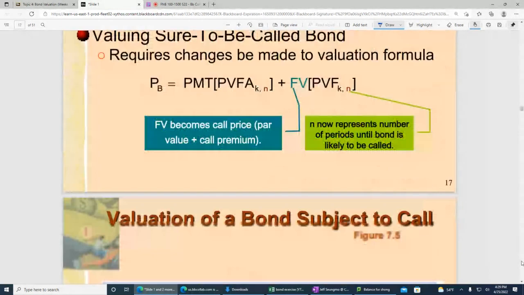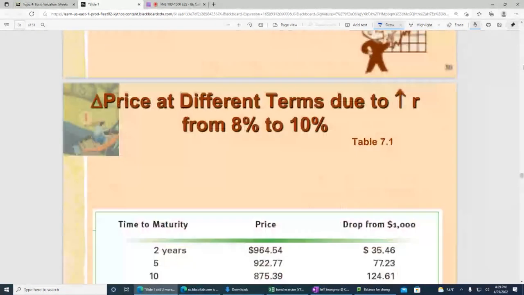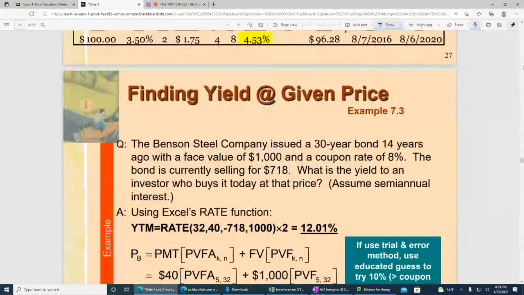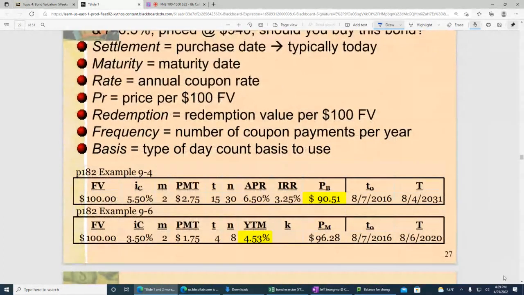So in this example, it doesn't mean $100. That means 100% of the face value. 100%. So that's $1,000, right?